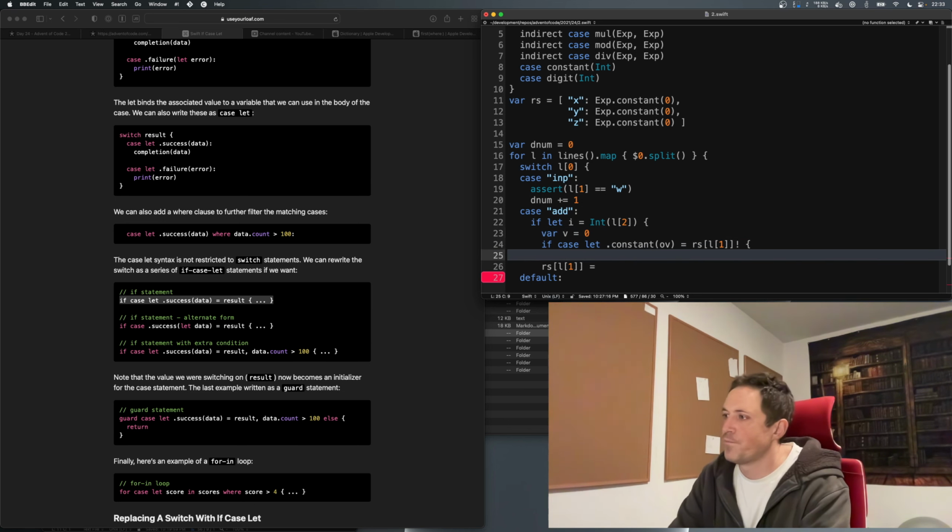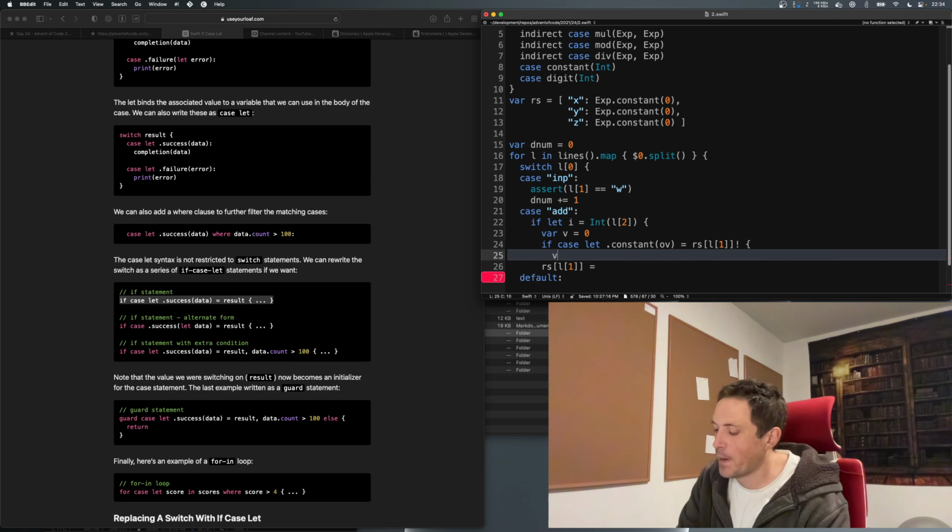Then plus OV plus I, right? No, it's going to be then V equals OV plus I. Yeah.